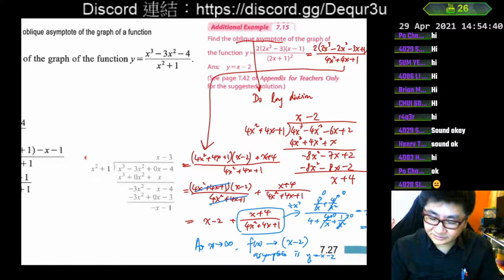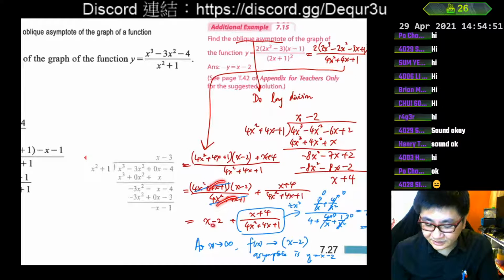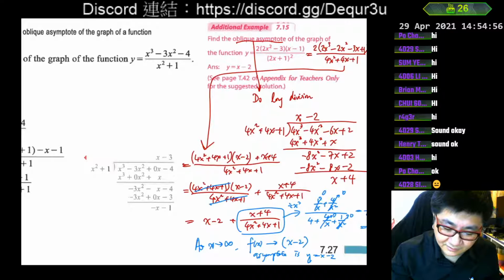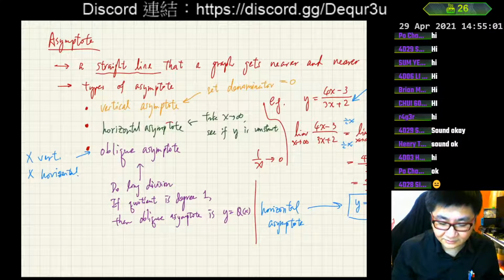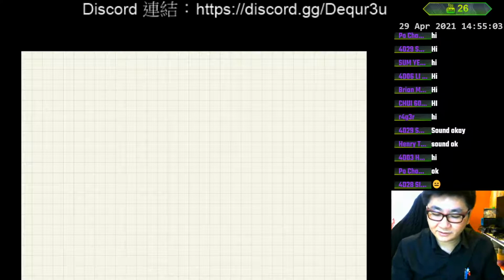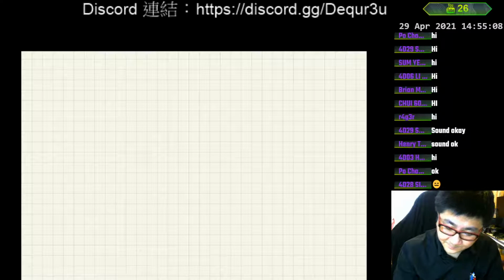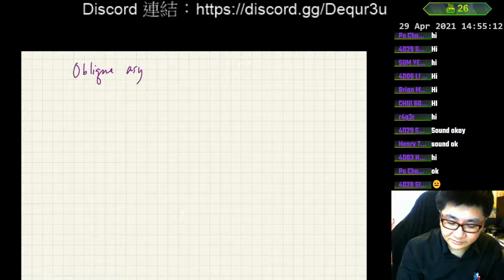Or generally, I can put it as in the notebook to give an easier way, because in fact we are writing quite a lot here, splitting the fraction, cancelling, and then getting the result. To make it a mechanical way that we can do to find the oblique asymptote, I turn to a new page and show something. To find the oblique asymptote, I still keep using the purple color. So to find the oblique asymptote, we can use the following way.